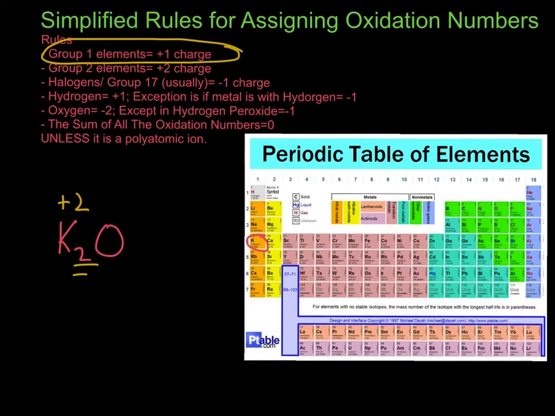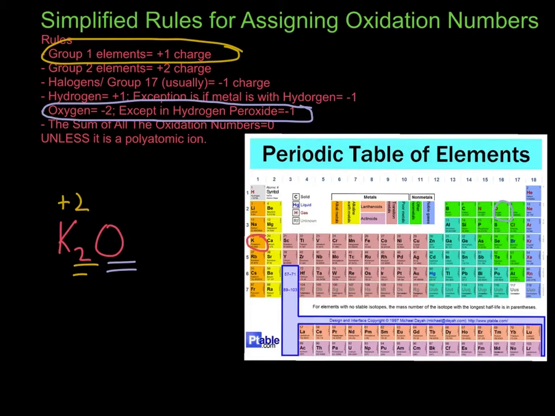I always like to write what the eventual charge is above it. So we've got a group 1 element, which typically has a +1 charge, but since we have 2 of those atoms, we have a +2 charge. What's our next one? Oxygen here. Where's oxygen on our periodic table? Right there. It's not a group 1 element, not a group 2 element, not a halogen, but it's one of our special little ones.